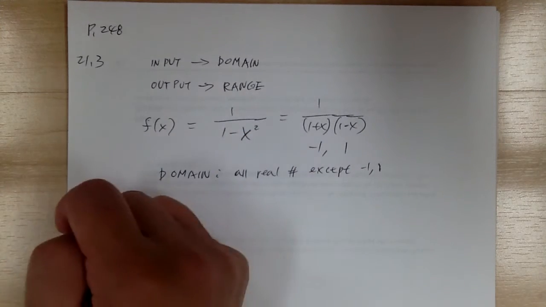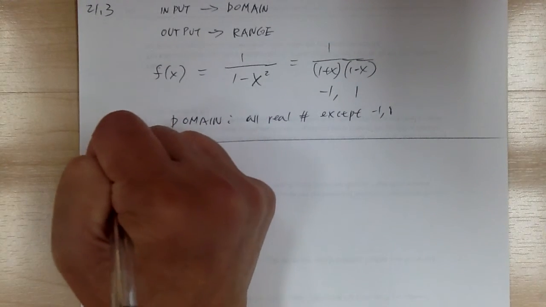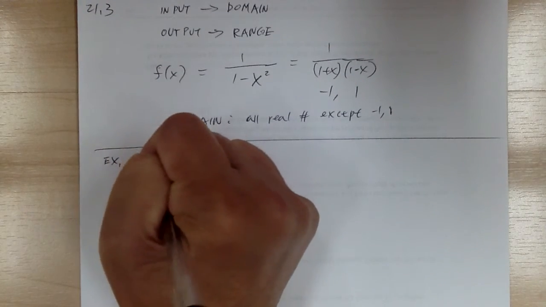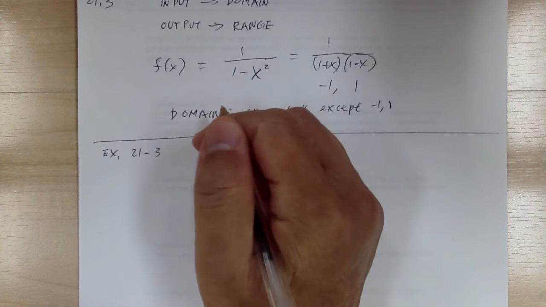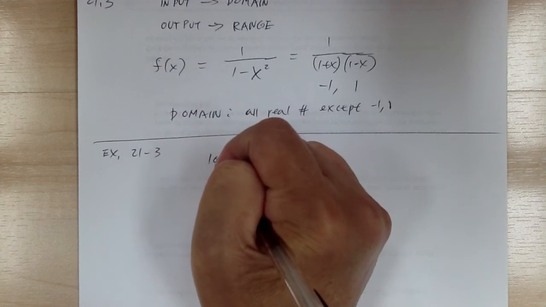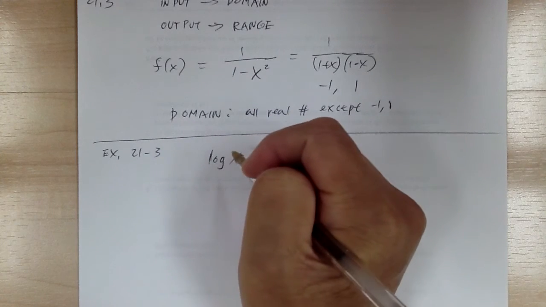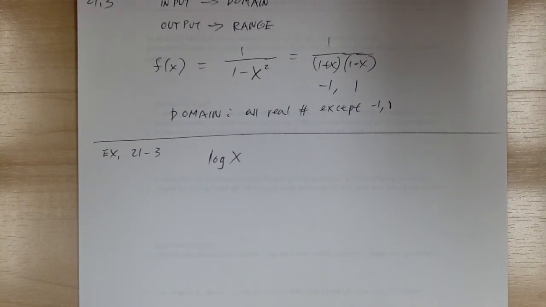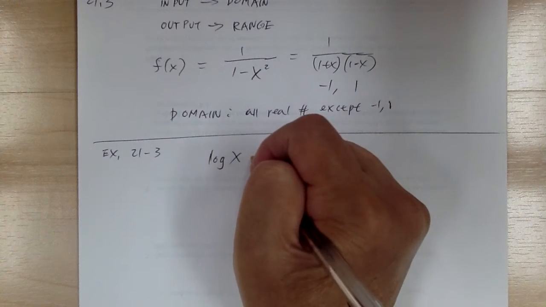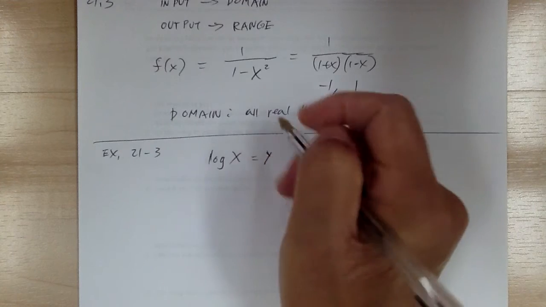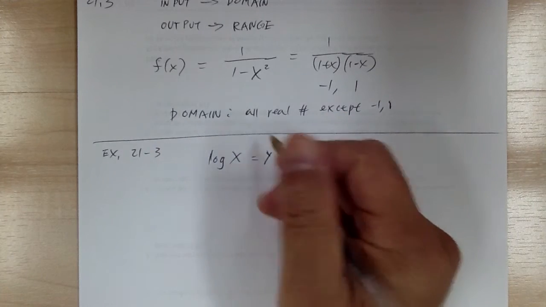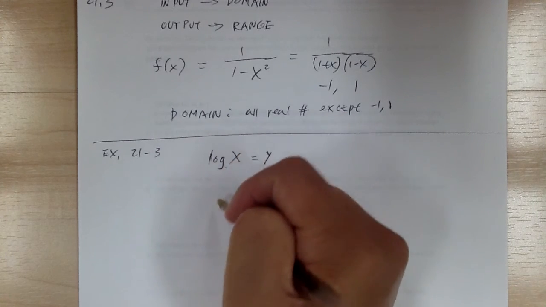Now let's go over some examples. Example 21-3. It says, what is the domain of log of x? To find the domain, again, you can set it equal to y, and you can switch the base. When you don't see the number, it means it's base 10.